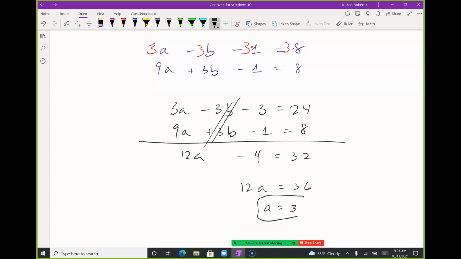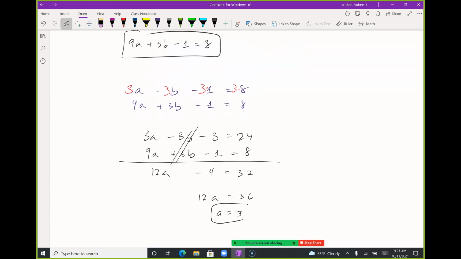Why can't you just subtract both equations from each other before I multiply by 3? Nothing would eliminate. I'm doing something called the elimination method, where if I have opposite coefficients, I can add them together. If I have the same coefficients, I can subtract them.